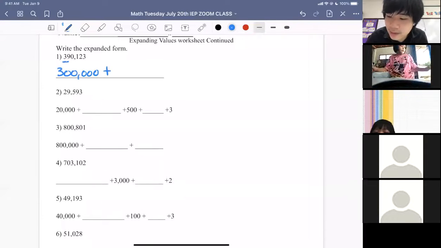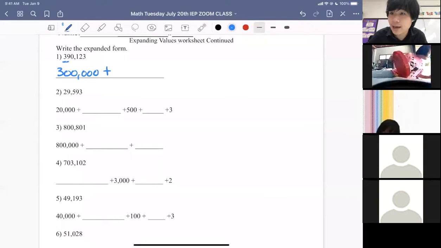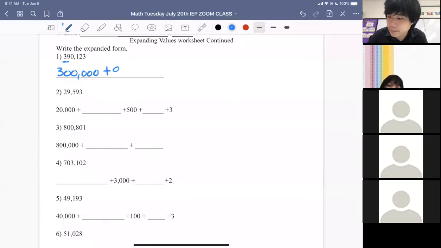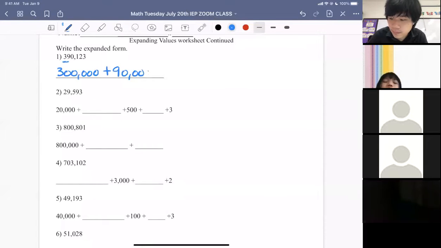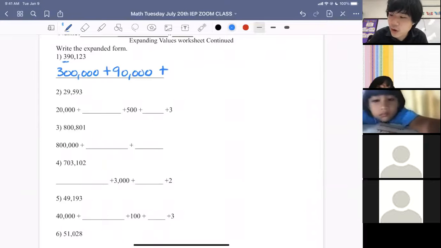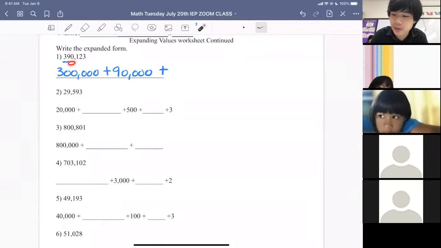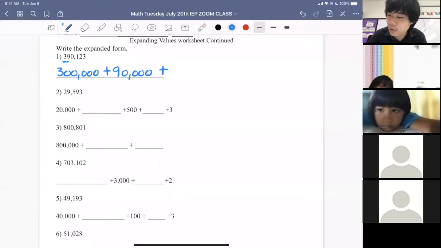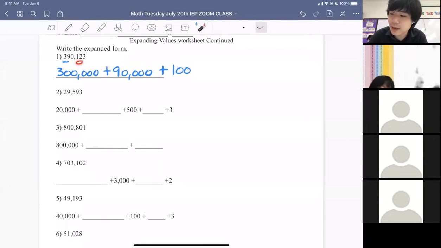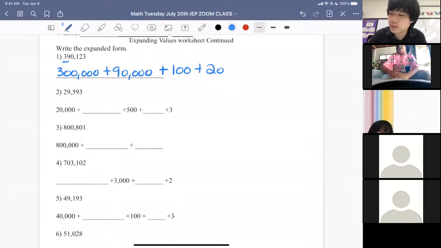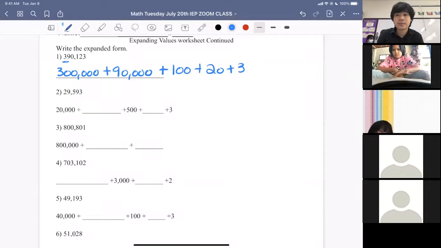Plus, what is this 9? This 9 represents 90,000. So we have no thousands place. So the next number is 1. So this 1 represents 100. And this 2 is in the 10s, so we're going to plus 20. And this 3 is in the 1s, so we're going to plus 3. Okay? Good.